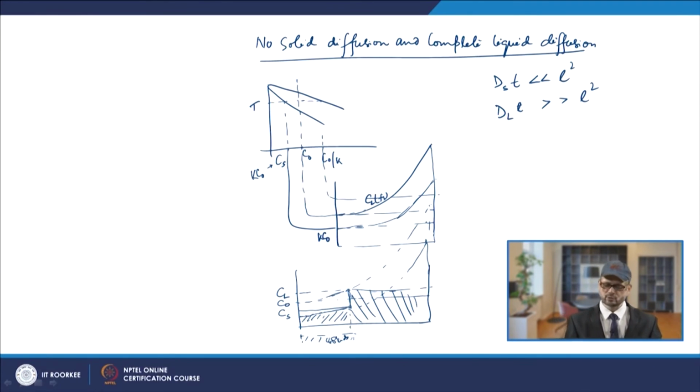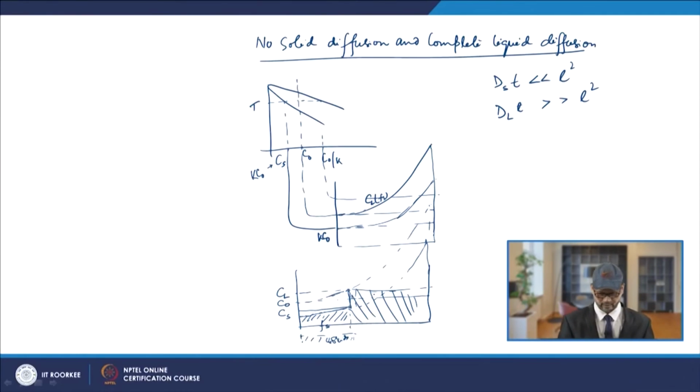If you talk about such cases, this is your Fs, so you will have Fs on this side. Basically, the sum of these hatched areas will be the amount of solute in the liquid before solidification.